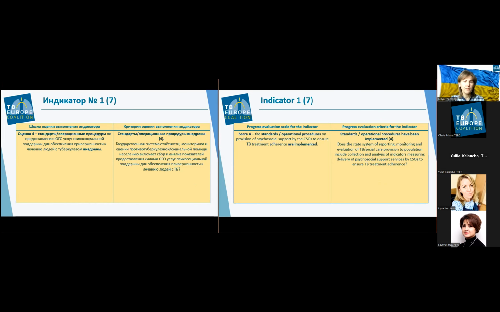The next slide, this is score 4. This is the highest. And it shows to us that the standards and operational procedures have been implemented. Now, moving to criteria of this score, here we see that the state system of reporting, monitoring, and evaluation of TB social care provision to population include collection and analysis of indicators measuring delivery of psychosocial support services by CSOs to ensure TB treatment adherence.